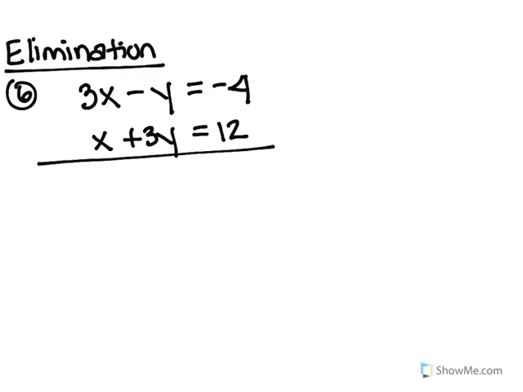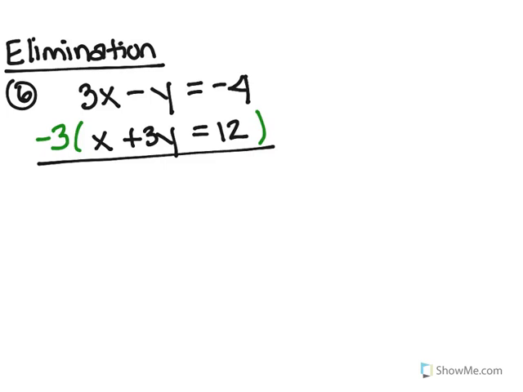So if I wanted to eliminate the x's, I would need to multiply the bottom by negative 3. Because if I do that, that would make my x term be negative 3x. My top term is a positive 3x. Negative 3x and positive 3x would cancel as 0.